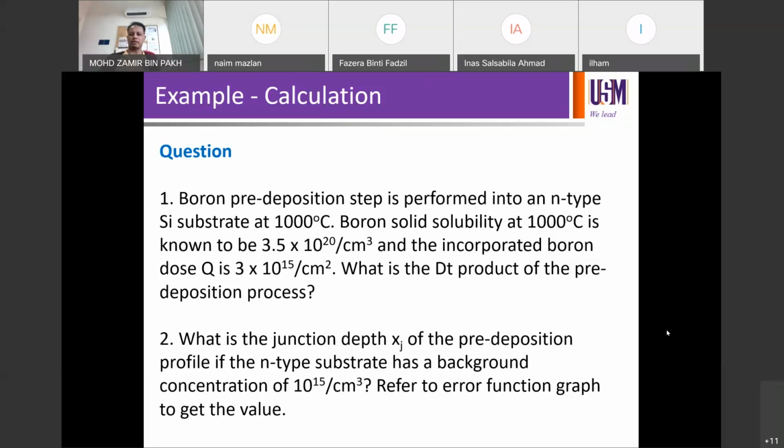Go Qingwei, you are the lucky one today. What did you get? You can unmute yourself or I can write it down. What is the Dt product of the pre-dep process? Qingwei?